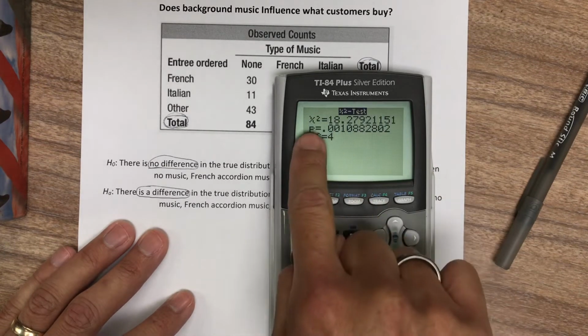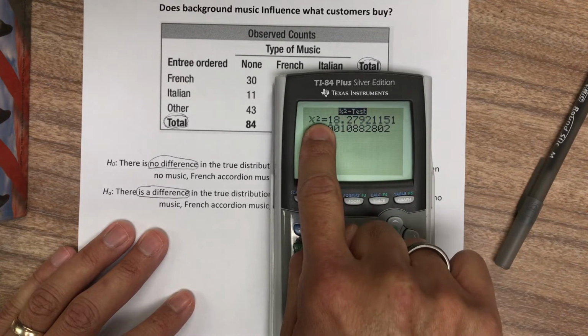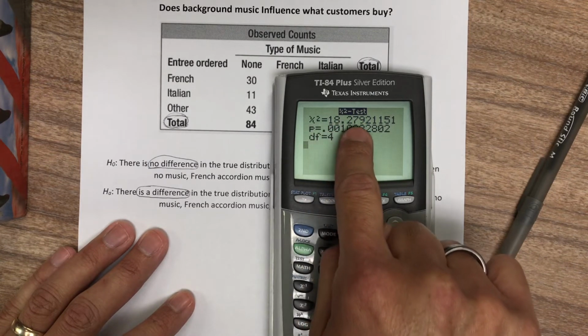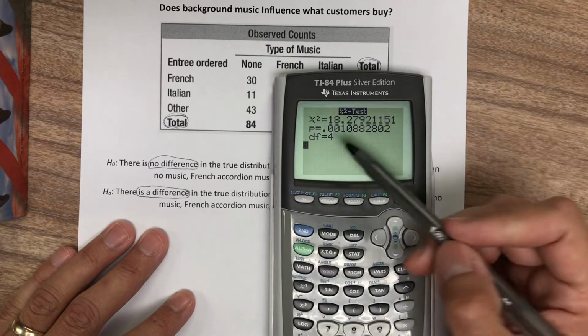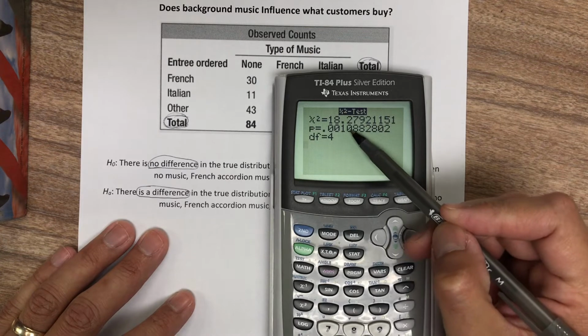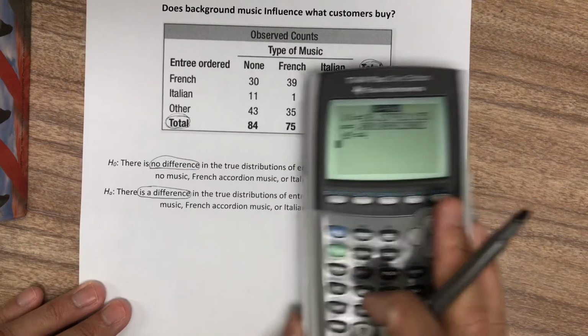So I go to chi-square test, and my chi-square statistic is 18.28, rounded to hundredths, and my p-value is 0.00108. Let me write those down on the paper.